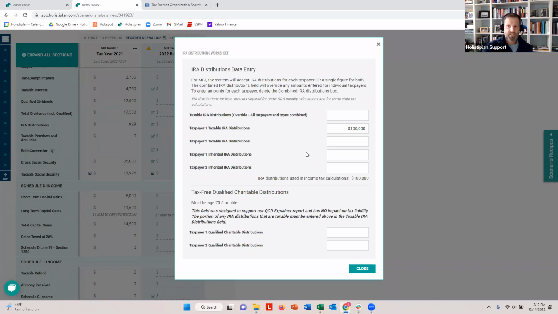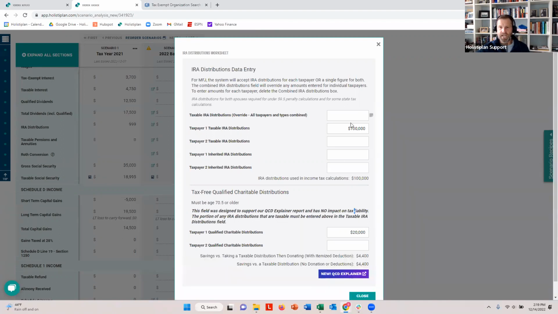So with this particular situation, my RMD is $100,000, and I wanted to do some portion of that as a qualified charitable distribution. Let's say I wanted to have somebody do a $20,000 qualified charitable distribution. Well, I would enter $20,000 down here, but notice that it's not going to change anything up here, because we still said we have a $100,000 taxable IRA distribution.